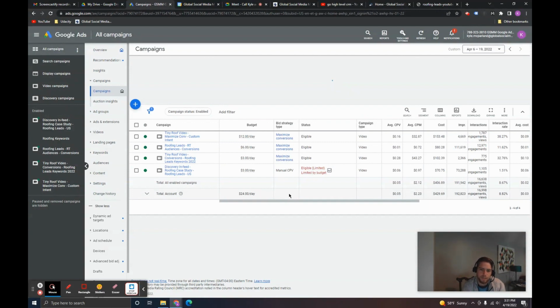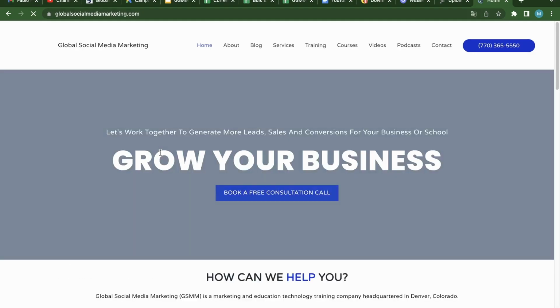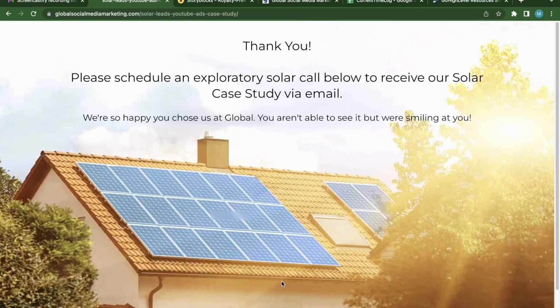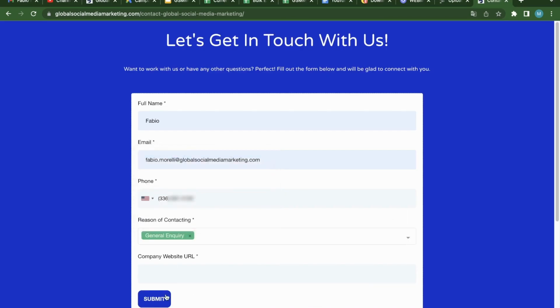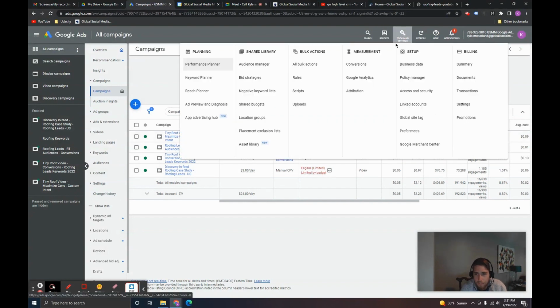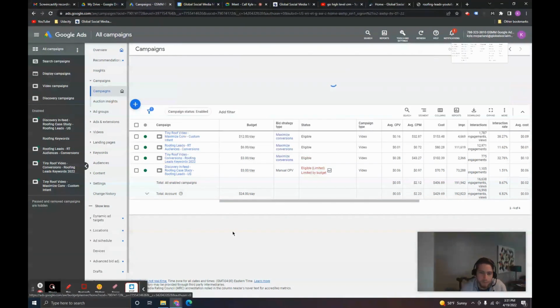So whether you have a conversion set up for every time someone purchases something on your website, or every time someone becomes a lead and fills out a lead form, or every time someone signs up for your email list, or every time someone becomes a subscriber to your online membership. You tell Google Ads what you want that conversion to be. And I'm not going to go through that now, but there's a tab called conversions in Google Ads where you go through the process of setting that up and linking that.